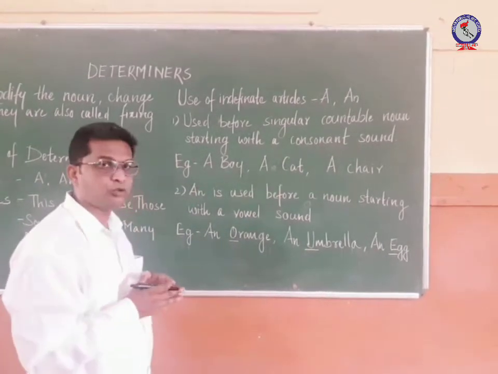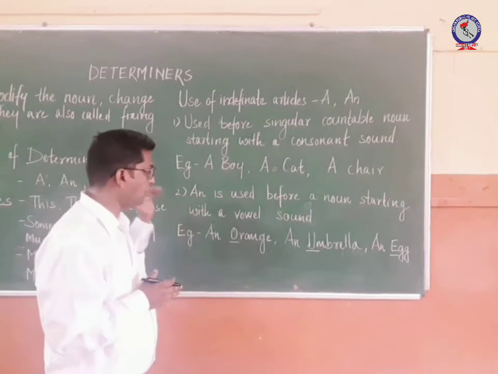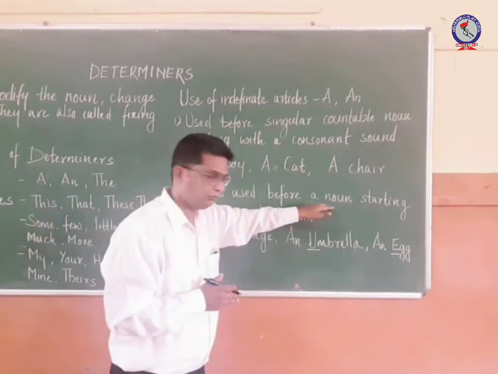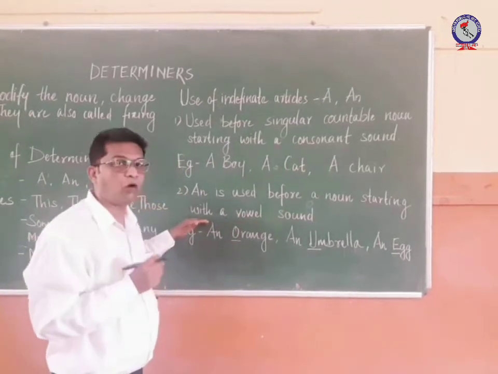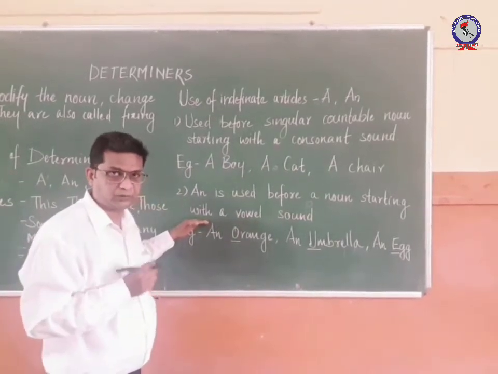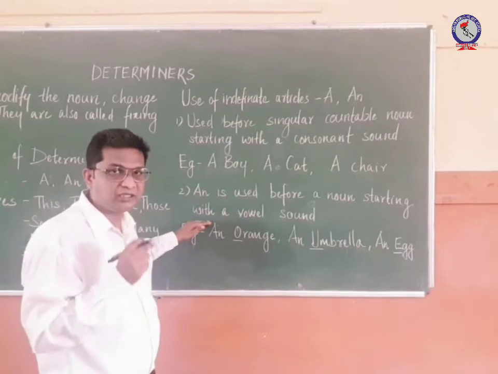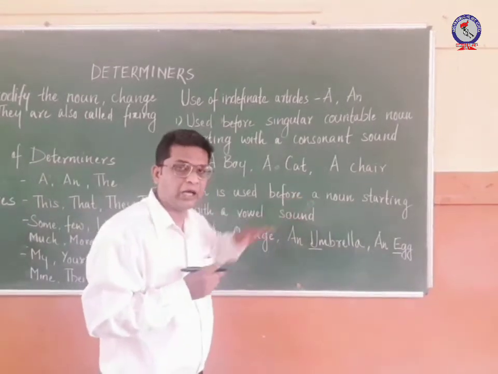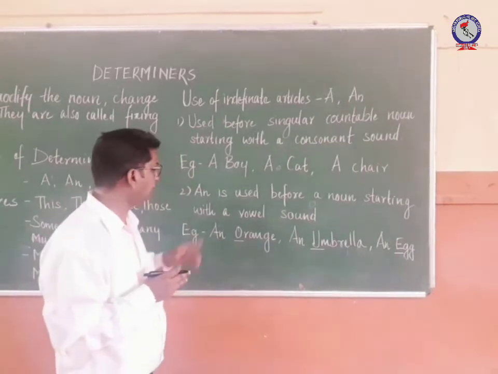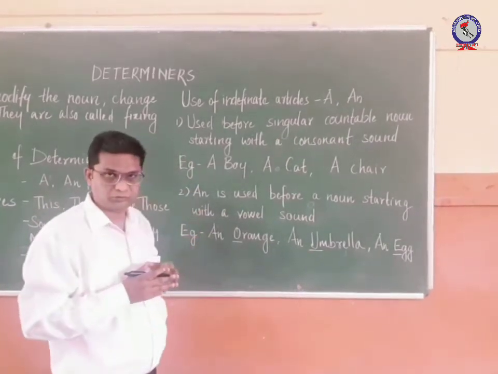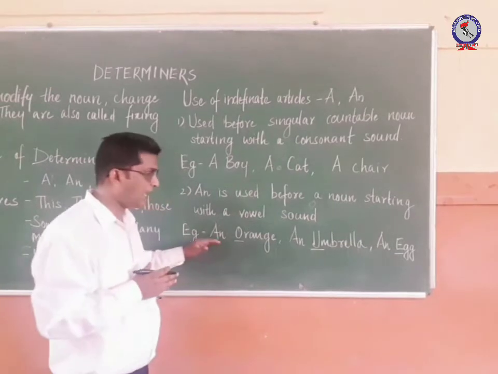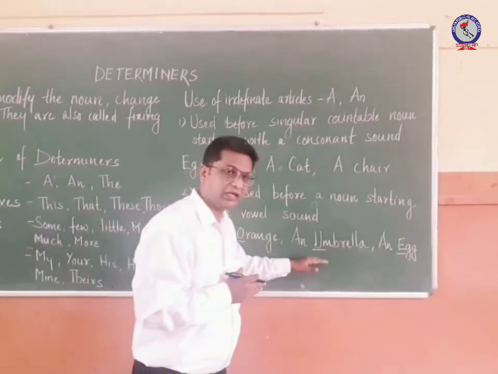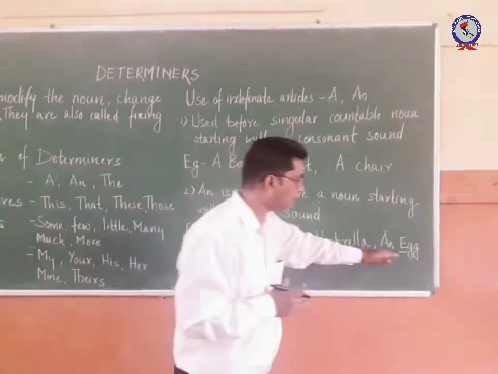Now let us see the use of an. An is used before a noun starting with a vowel sound. Listen to me carefully. An is used before a noun starting with a vowel sound. Example: an orange, an umbrella, an egg.